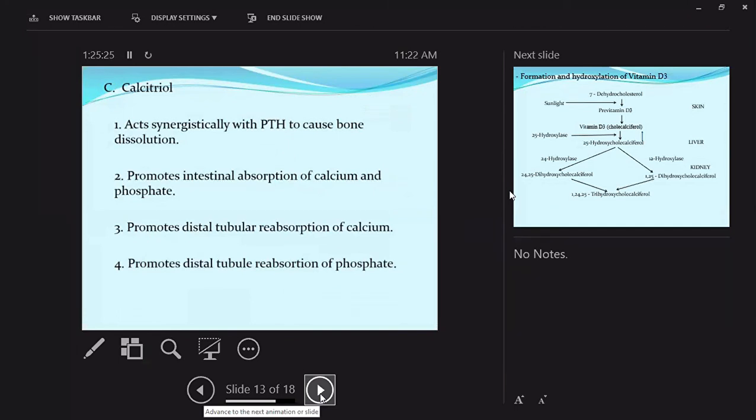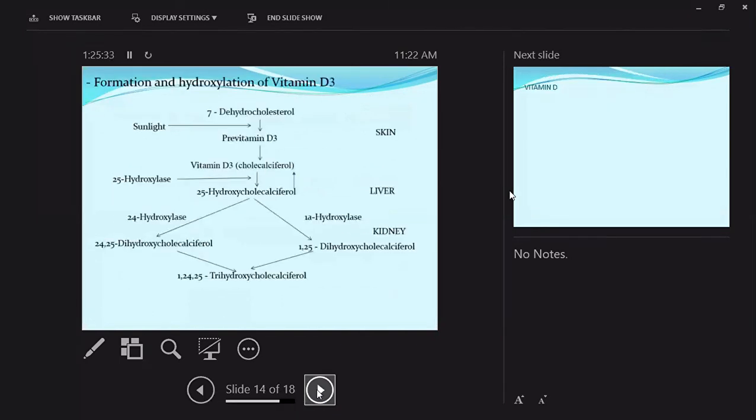How is your vitamin D formed? 7-dehydrocholesterol from cholesterol in the skin, once exposed to sunlight, is converted to previtamin D3.